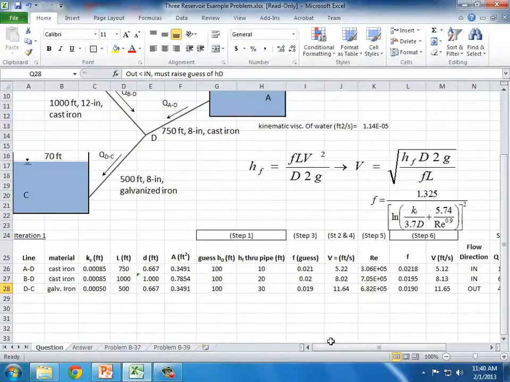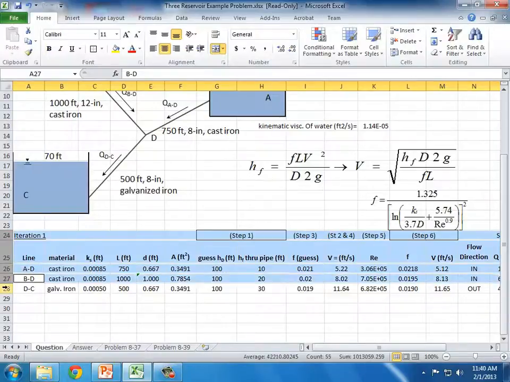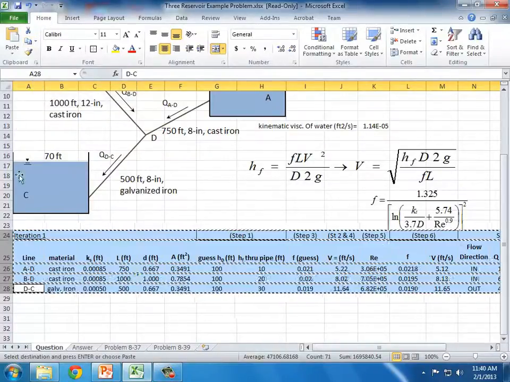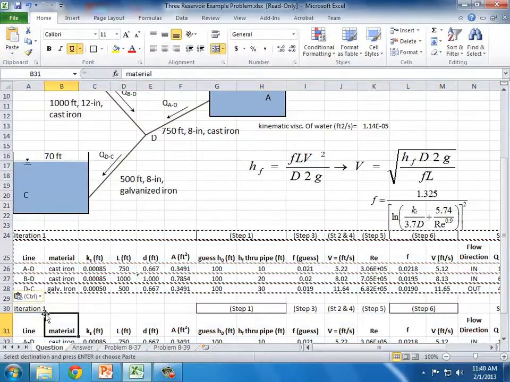All right, so we're going to do this again. This was iteration 1. Now in iteration 2, I'm going to copy all of the rows and then fine-tune some of the equations. To get things started, I'm going to select all of these rows, copy, and paste. First of all, I'm going to change the name so that it says iteration 2.